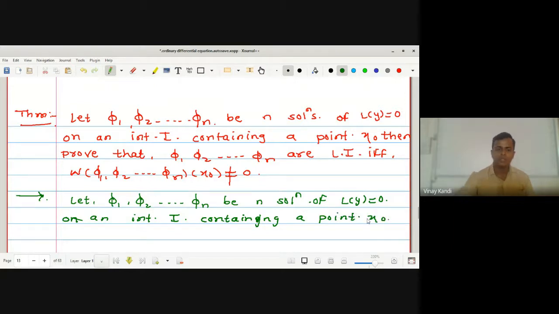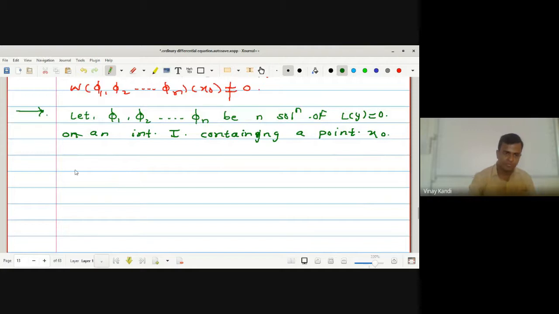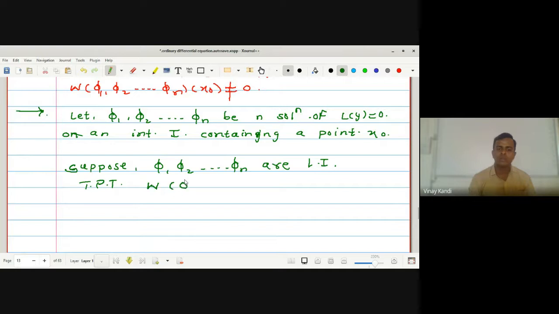Now assume part 1. Suppose these phi 1, phi 2 up to phi n are linearly independent. To prove that the Wronskian of phi 1, phi 2 up to phi n at point x naught is not equal to 0.